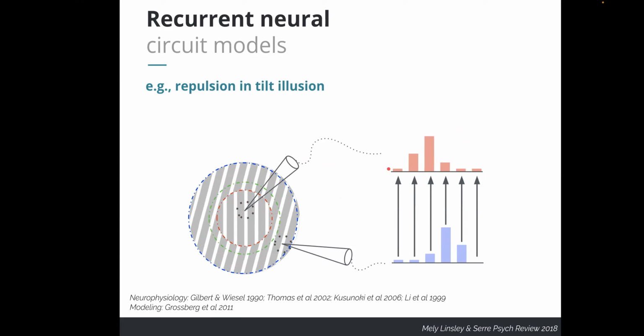The height of the bar is proportional to the response of the neuron with that preferred selectivity. So if you present a vertical bar in the center, you will find a whole neural population response peaking at the center orientation and then falling off around. The orientation in the surround is tilted to the right.